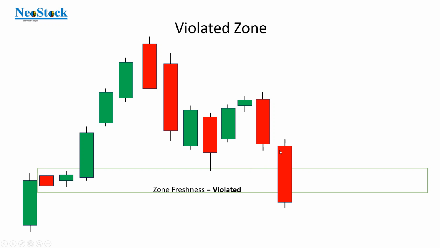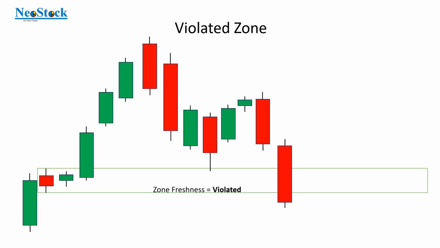A fresh zone can be violated. A tested zone can be violated. A pierced zone also can be violated. All three possibilities are there. A zone that is fresh without testing can be violated. It is possible.